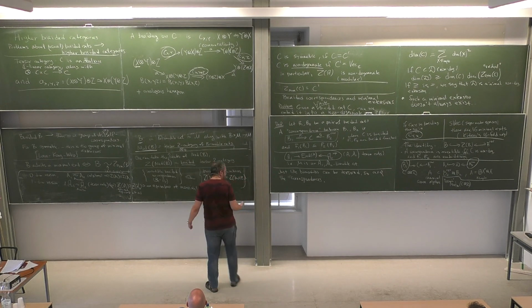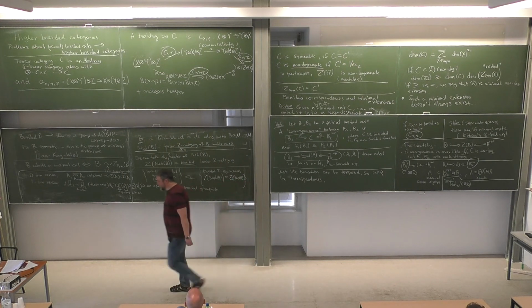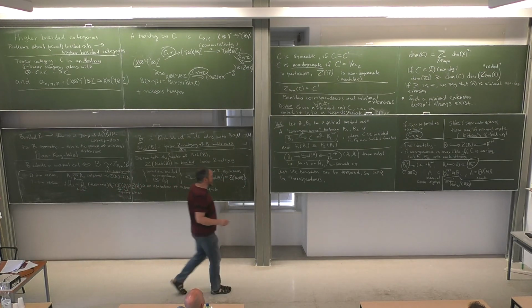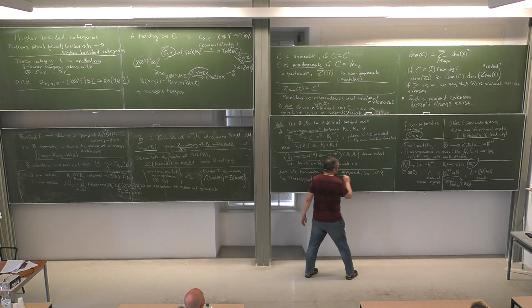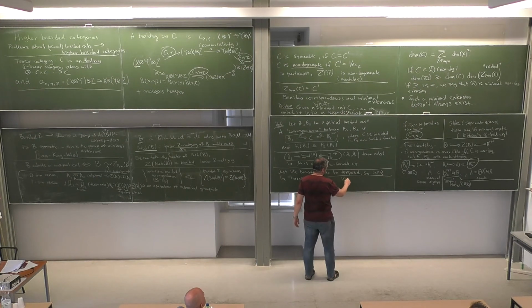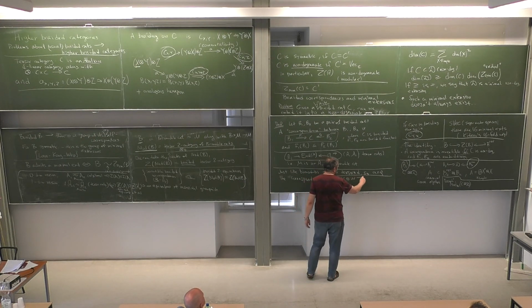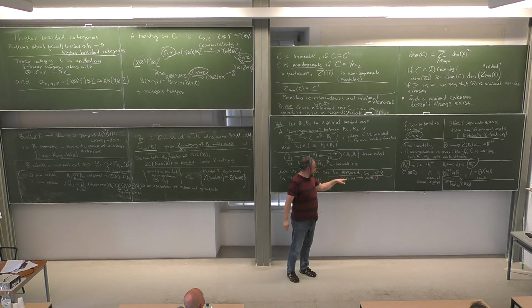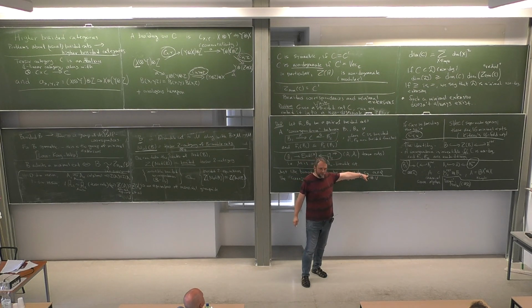Well, that's because, what exactly is R matrix? So R matrix is a linear algebra interpretation of the braiding. You want a braiding between V tensor W and W tensor V. And now these are representations of a certain Hopf algebra, so they are vector spaces in particular.